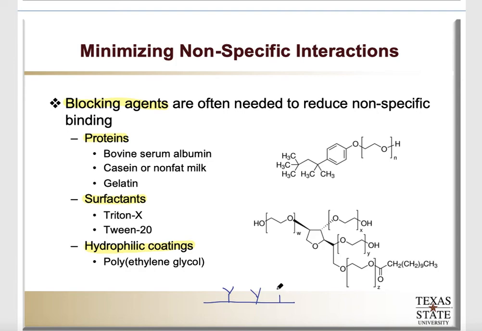What we want to do with these kinds of proteins or surfactants or PEG is to block the absorption of other molecules to the surface. For example, the polyethylene glycol would be immobilized on the surface all around the antibodies to prevent other things that we don't want to detect from sticking, something like this.